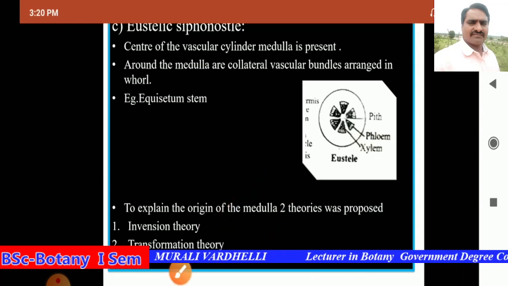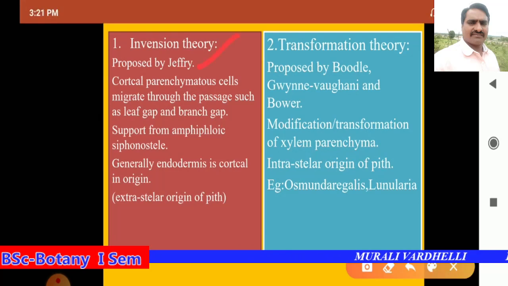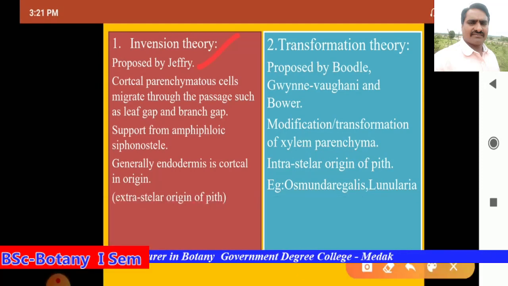First one is the invention theory. What is invention theory? This theory was first proposed by Jeffrey. According to this theory, cortical parenchyma cells migrate through passages such as leaf gaps and branch gaps. This view derives support from the amphiphloic siphonostele that has two endodermal layers.